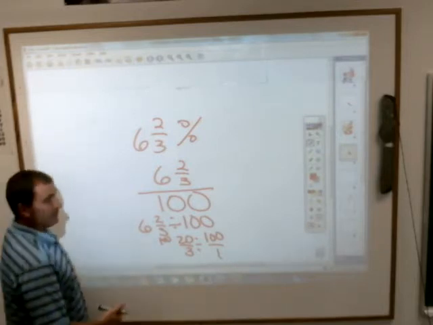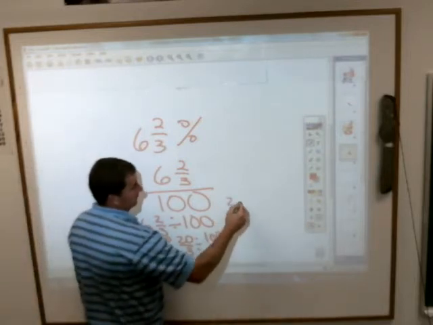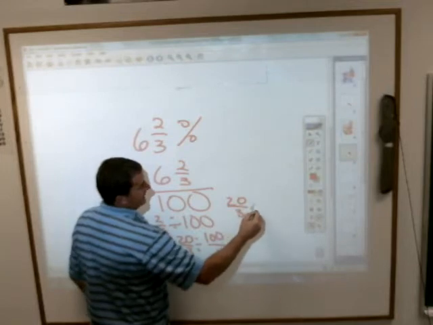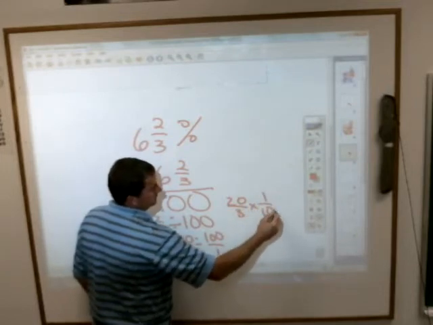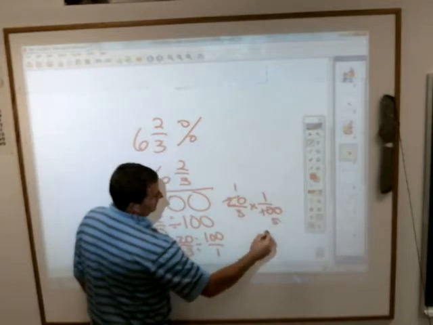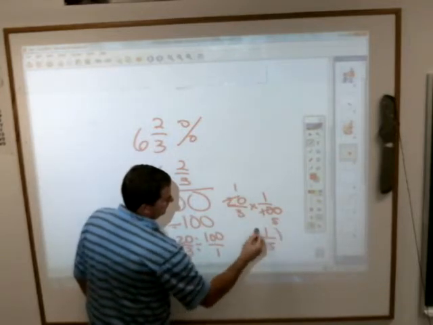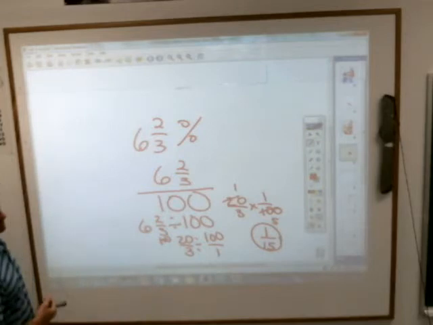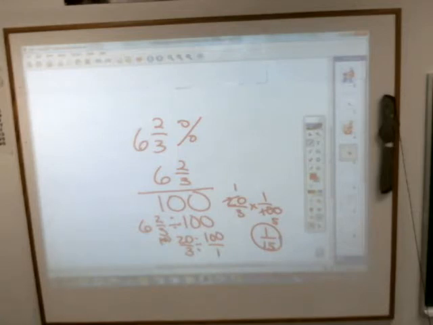And then how do you divide by a fraction? You multiply. 20 over 3 times 1 over 100. And then some cross canceling: 20 goes into 20, and you end up with 1 over 15. That help? It's a good thing to know.